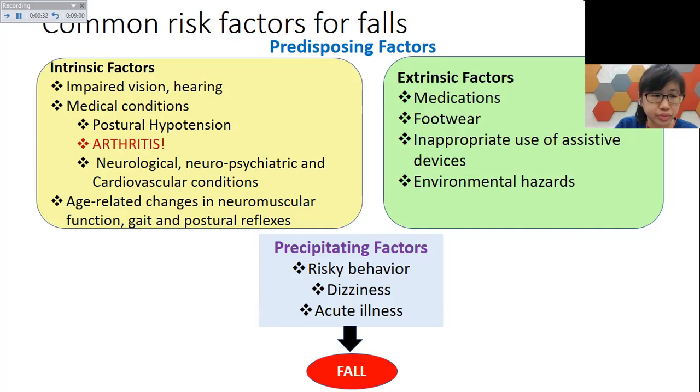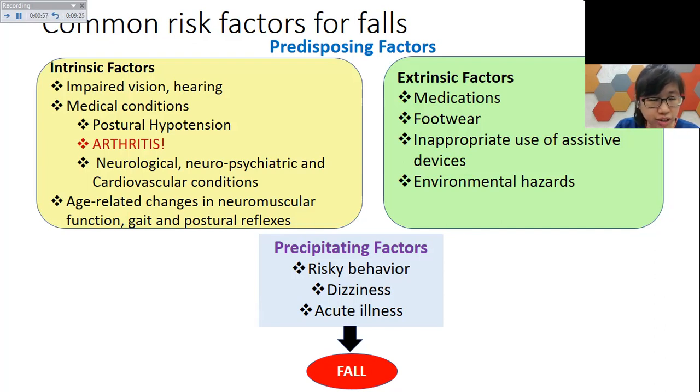factors. Among the intrinsic factors, I would like to highlight the impaired vision, medical conditions such as postural hypotension, and of course, arthritis, and neurological conditions that contribute significantly to their risk of falls.